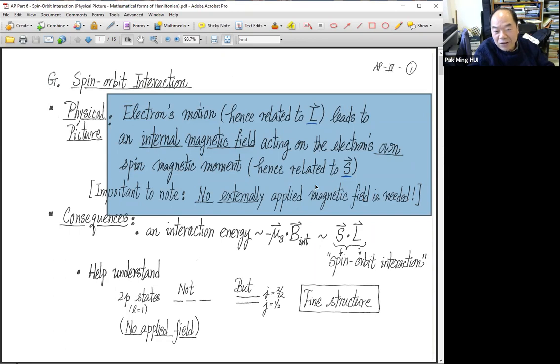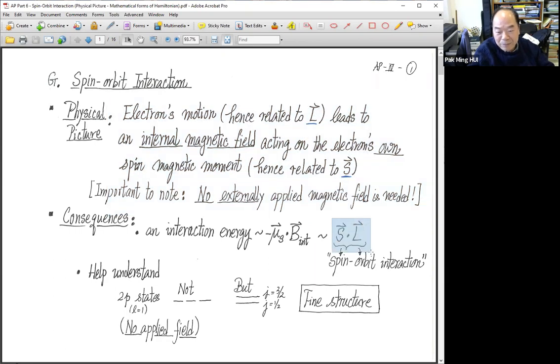Now it's easy to think that at the end, it must be like this, right? The orbital motion generates something like a magnetic field that acts on its own spin. Okay, so you will have a term like this. This is called the spin-orbit interaction term.